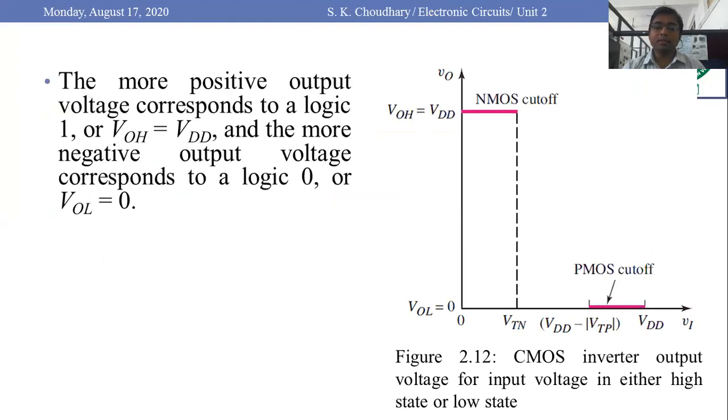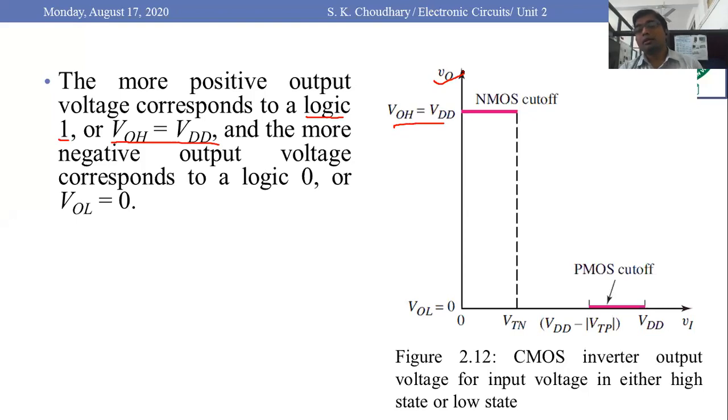So here you can see the conditions. The more positive output voltage corresponds to logic 1, or it is equivalent to VOH is equal to VDD. This is the voltage transfer curve. What is a voltage transfer curve?